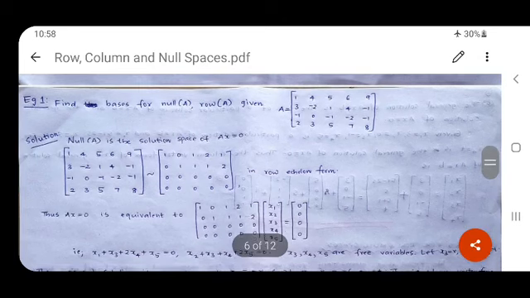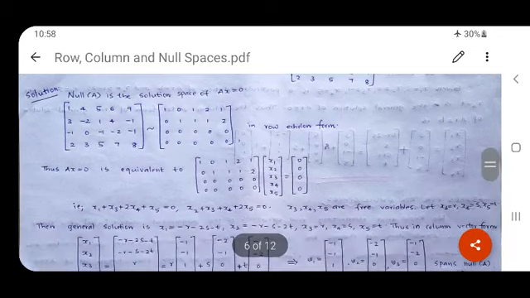So Ax equal to 0 is equivalent, by row reduction, to this: A is equivalent to 1 0 1 2 1, 0 1 1 1 2, 0 0 0 0 0, 0 0 0 0 0. The last two rows are zeros. So Ax equal to 0 is equivalent to this reduced matrix times (x1, x2, x3, x4, x5) equal to 0.